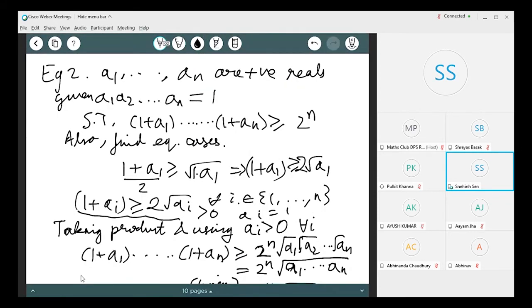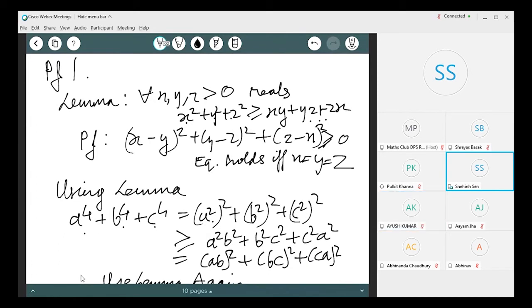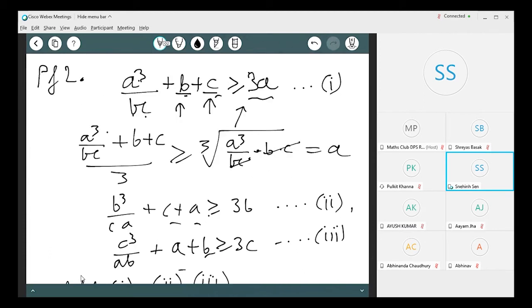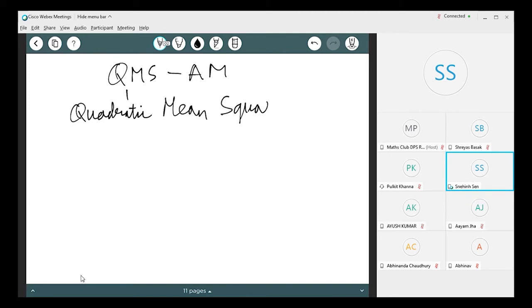Before I go to more examples and problems, I'd like to discuss another important result of the AM-GM inequality, called the QM-AM inequality. So what's the QM? Quadratic mean.